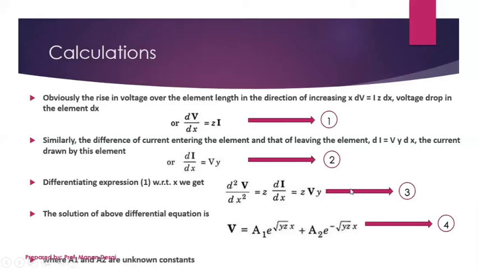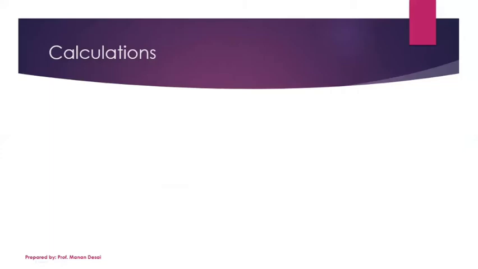Now A1 and A2 are unknown constants. In the previous slide, as we have seen, A1 and A2 are unknown constants with reference to equation 4.